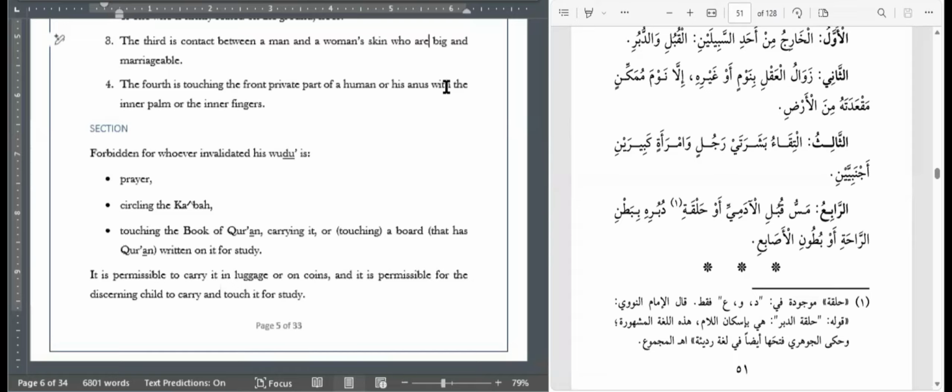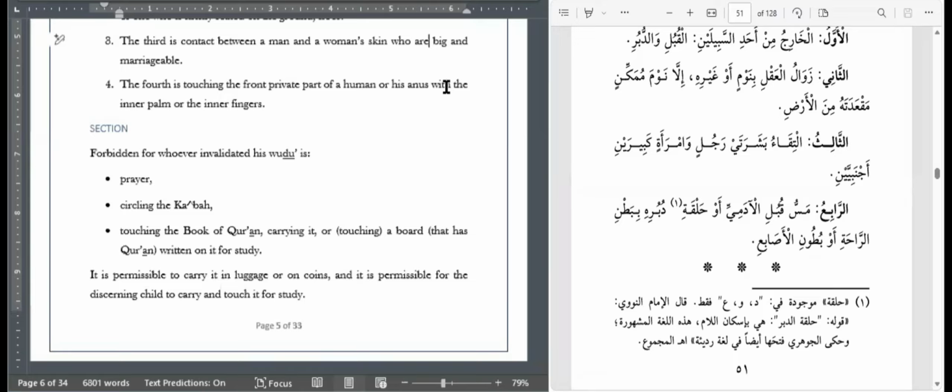If you want broader words, words that would even include someone who's not pubescent yet, you can say dhakar wa untha, male and female, who are big.